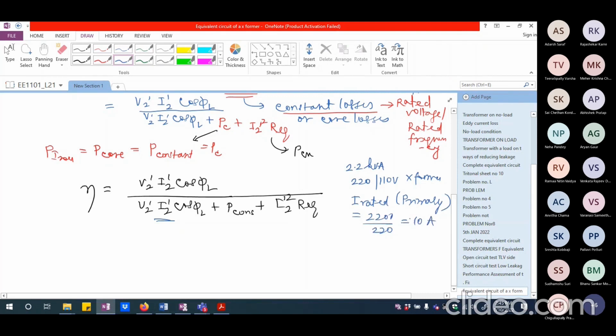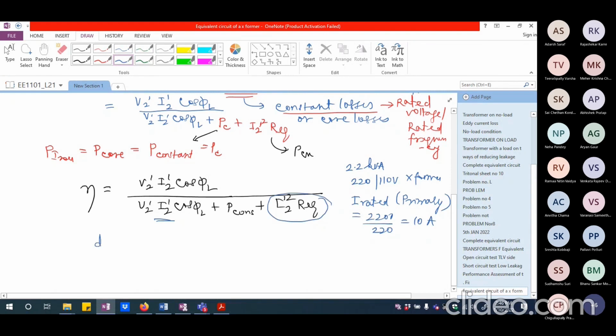So the current can change anywhere between 0, or the no load current, which may be very small, something like 0.5 ampere, to 10 ampere. That is the reason why we will not call the copper losses a constant. They are not a constant. It depends upon how much load current is being drawn.